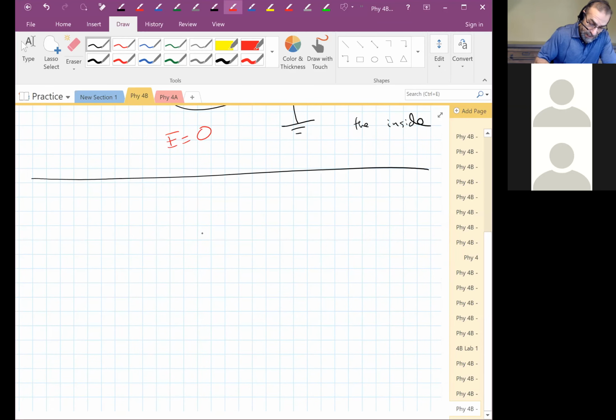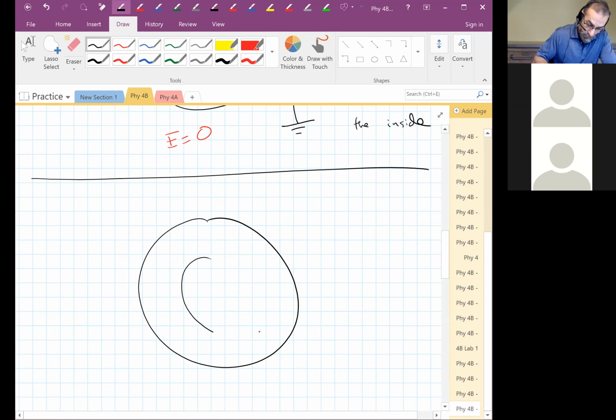I'm going to make my shell a little thicker. Okay, so here's our conductor. Here's our plus Q. This is a hole in here, right? That's the conductor. So the negatives get attracted to this surface, right?